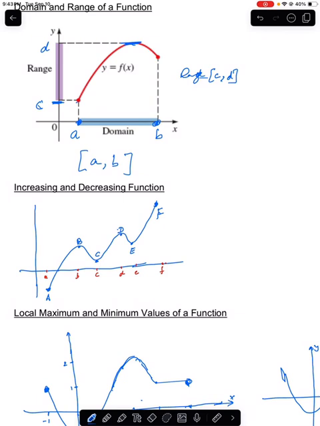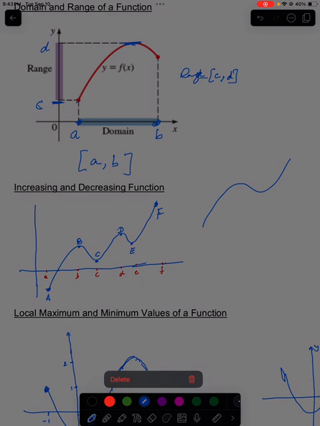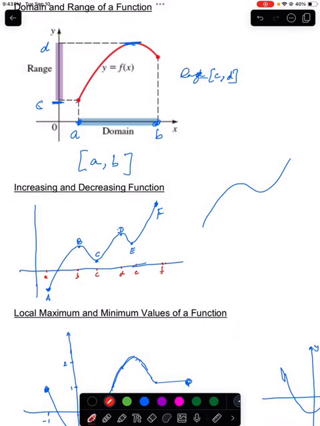Let's say you have a graph something like this. What you need to do is pick a point somewhere on the left side of the graph and move on the graph.